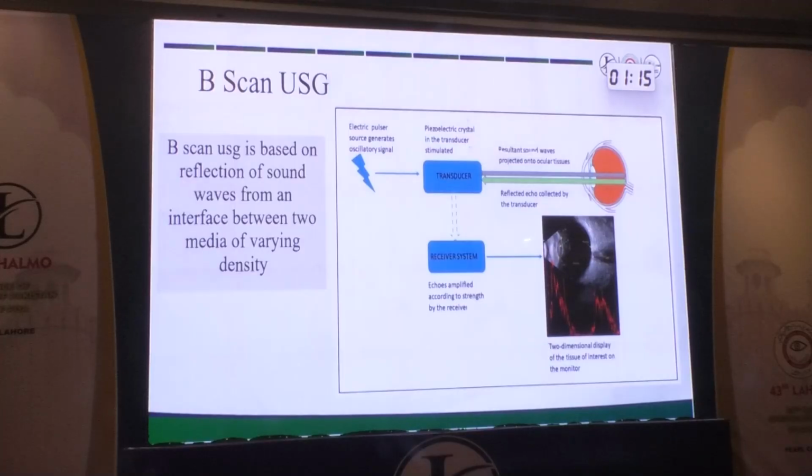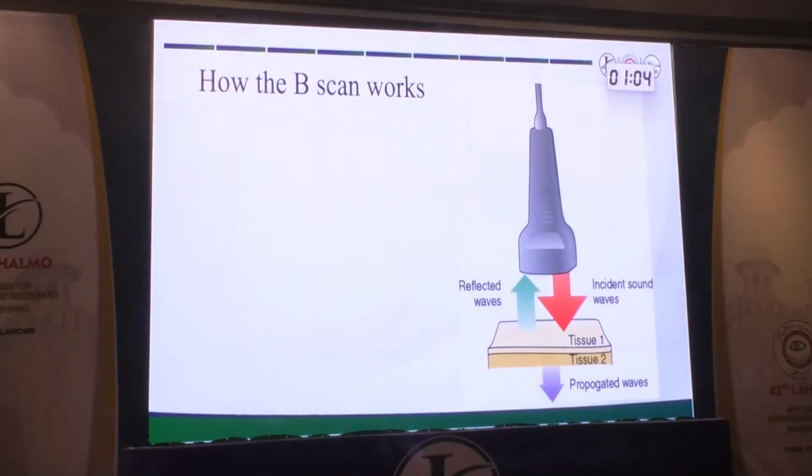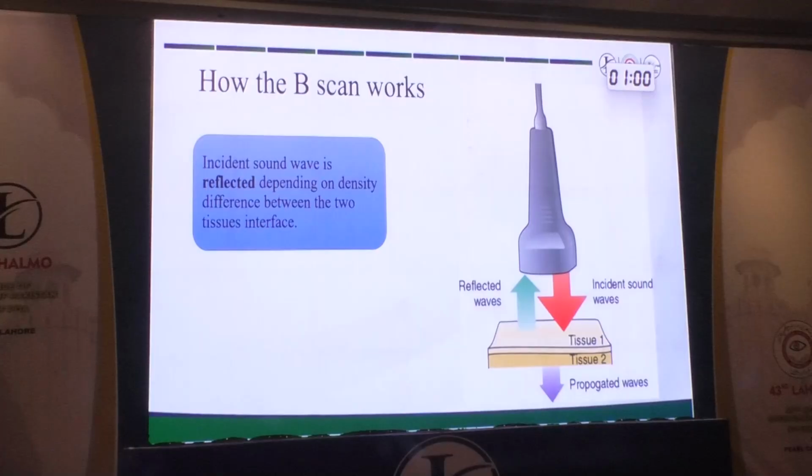At the same time, this is what we are watching on the screen when we are performing the B-scan. Incident sound wave is reflected depending on the density difference between the two tissue interfaces, tissue 1 and tissue 2.